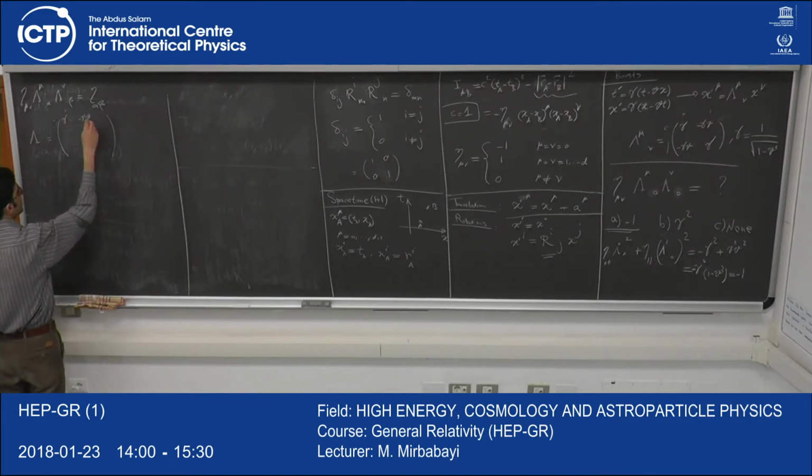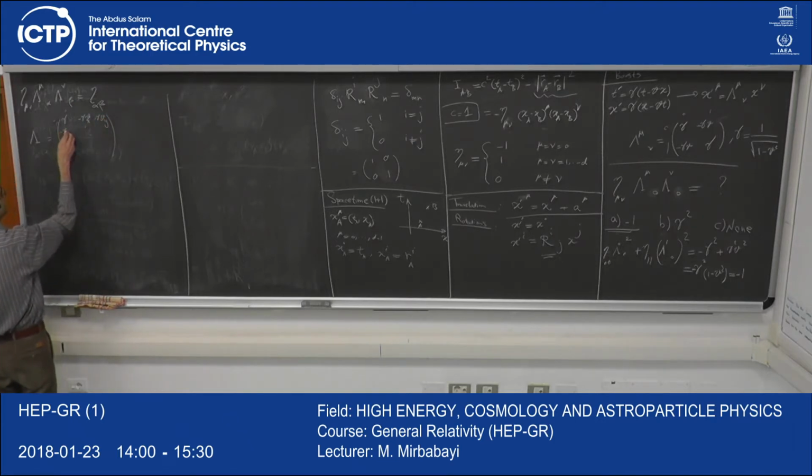Now if I have 2 space dimensions, there can be vx here and minus gamma vy, and here again gamma vx, minus gamma vy, and then what sits in this spatial part is a rotation matrix, R_ij.